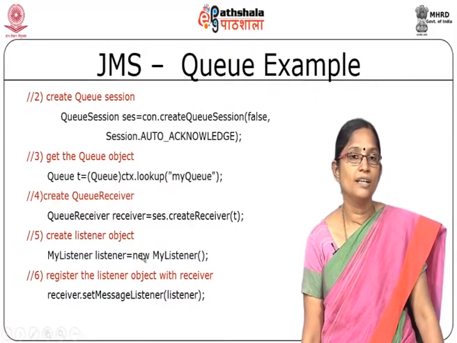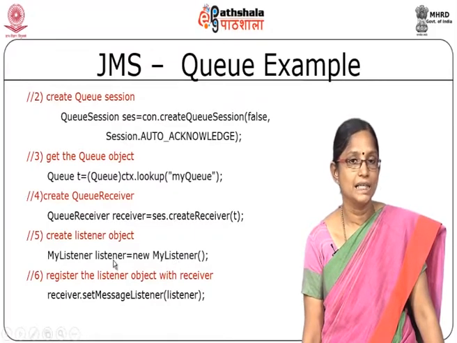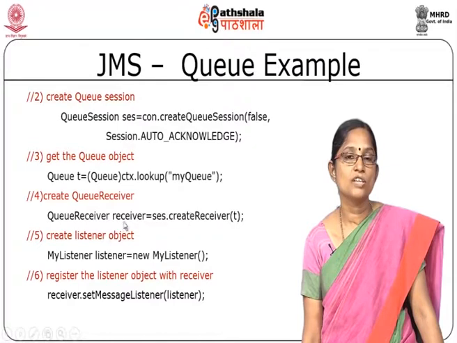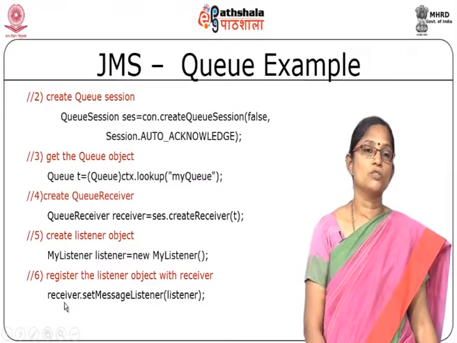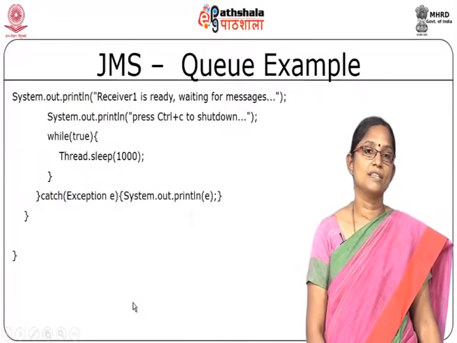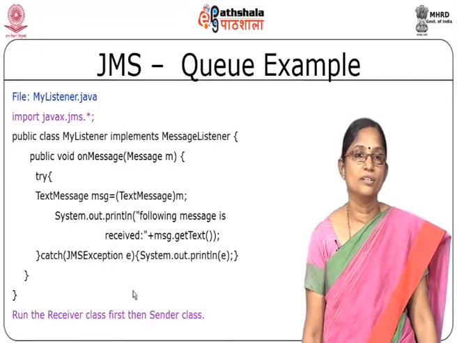In order to create it, new MyListener(), and this handle has been passed on to the object listener. This message listener has been set over the message consumer, which is the receiver. So receiver.setMessageListener(listener), so that the message listener has been set over the message consumer. Now only through this listener are we going to receive the message.